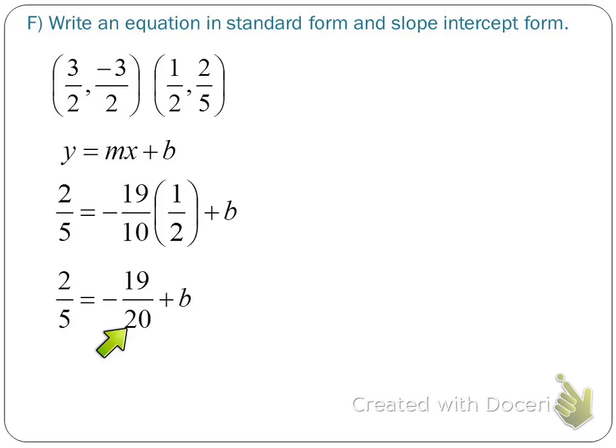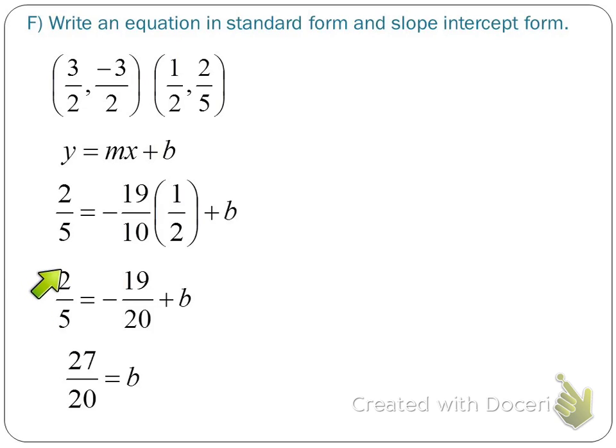Add 19 over 20. Yeah, you need to add 19 over 20 to both sides. When you do that, you also need to get common denominators or use your calculator. Okay? Common denominators here would make it 8 over 20. You'd multiply top and bottom by 4.